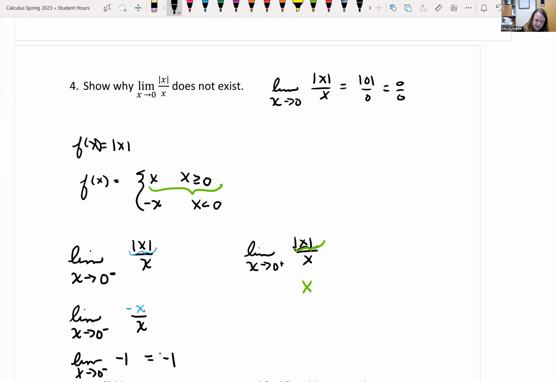So I have the limit as x is approaching 0 of x over x, that reduces to the limit as x is approaching 0 on the right of 1, which is equal to 1.